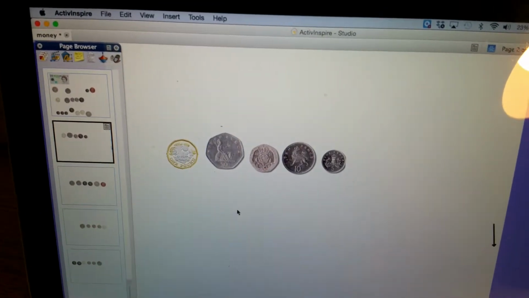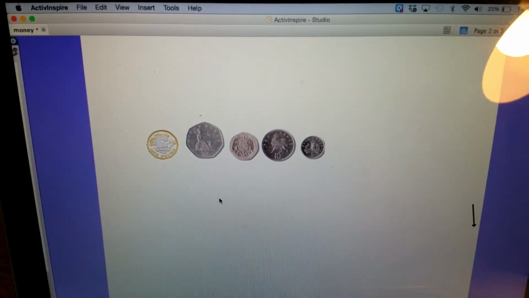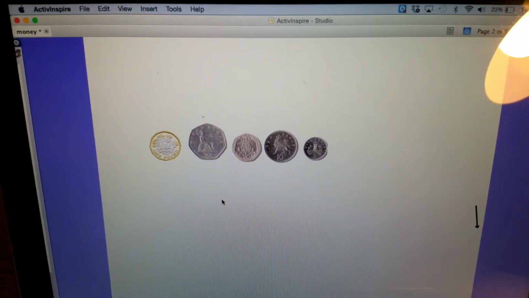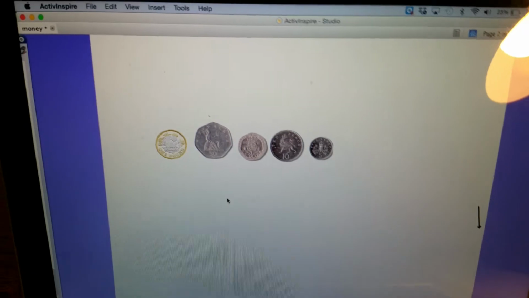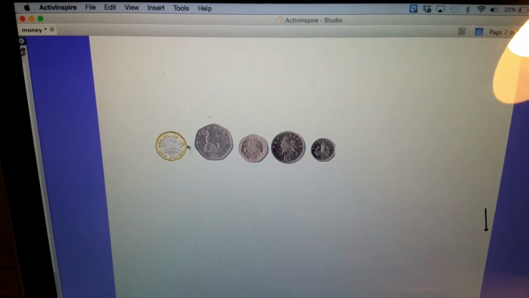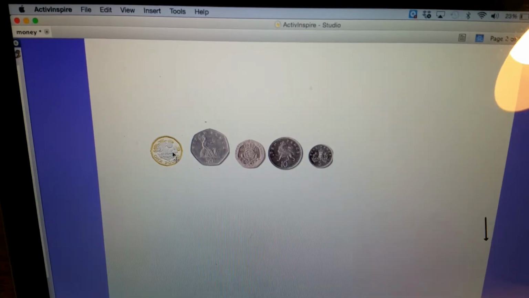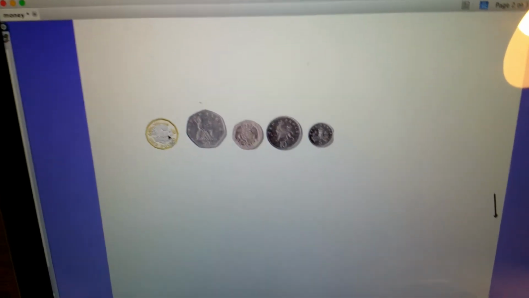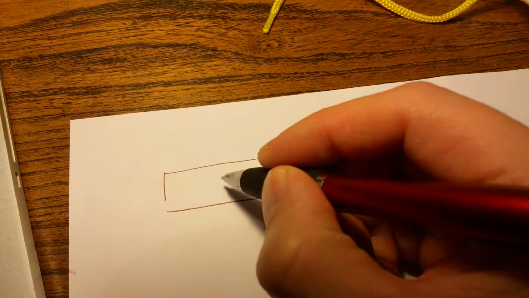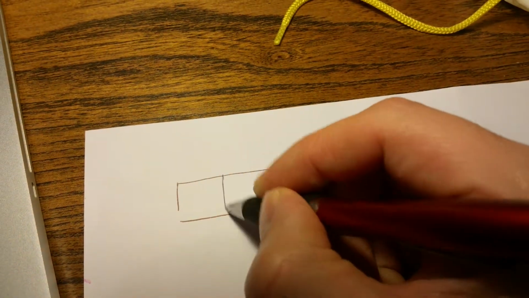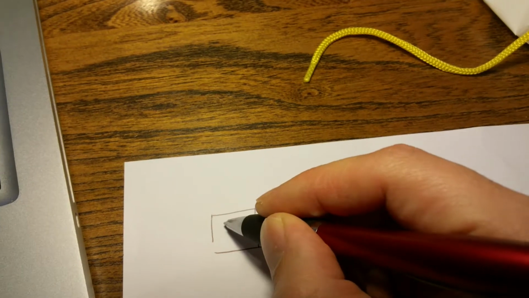For example, I have these coins in my pocket. What's the value? What I would do here is make sure they're in the right order. They are, but they might not be. We'll look at that later. And I'll put them into a bar model. So if I move down here, we've got a bar made up, and the first one was £1.